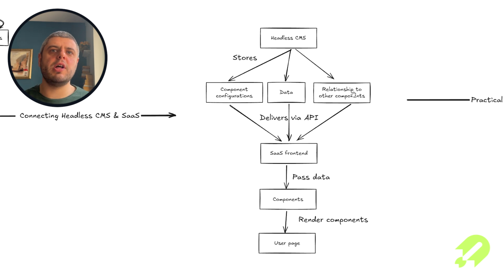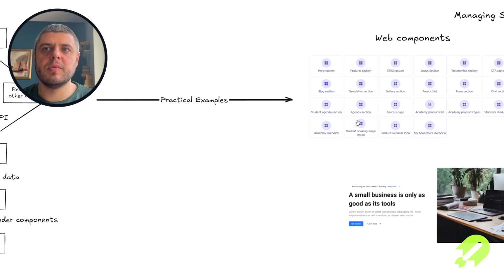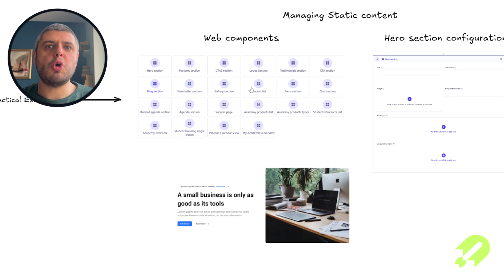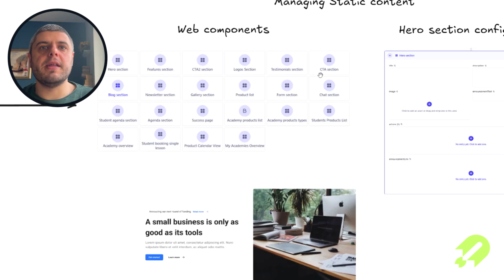So in order to visualize this process, let's jump into some practical examples that we have built for our clients. First I'm going to start with a basic example. Here you see a screenshot from actual components that we have specifically built for one of our clients that can be reused in order to build static content, static pages.